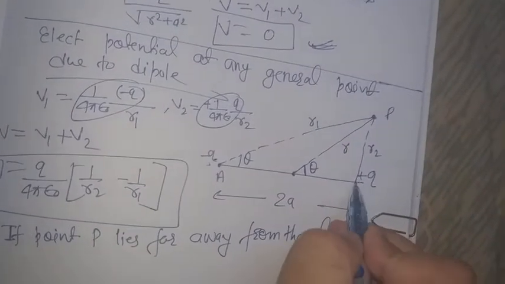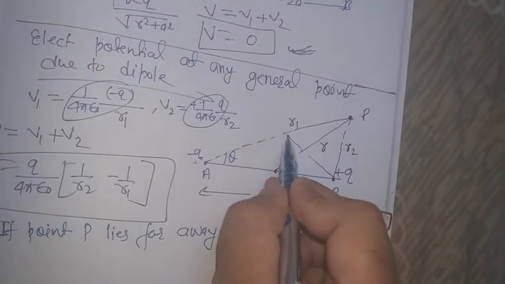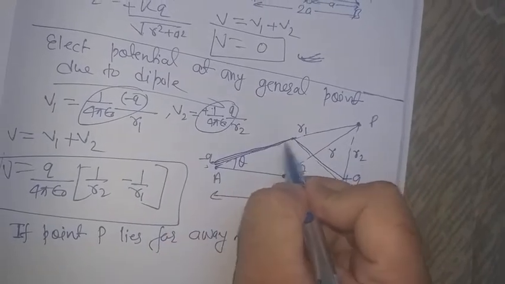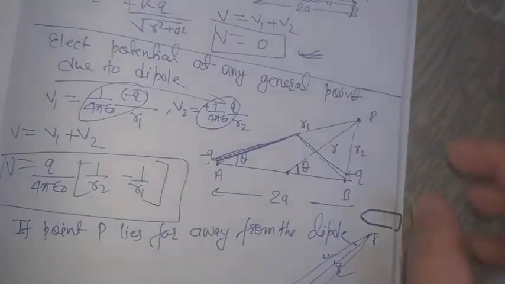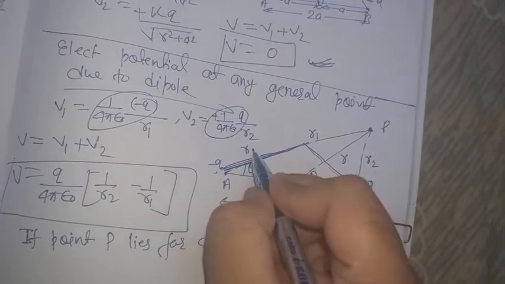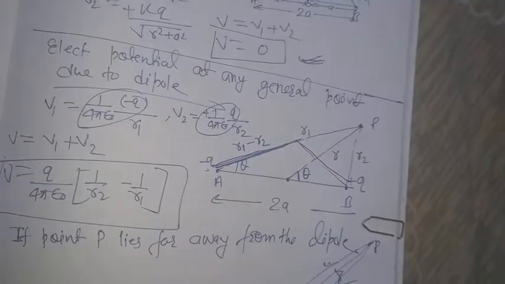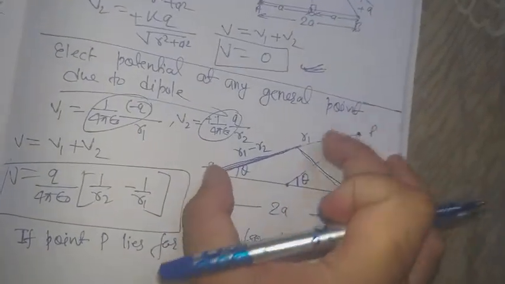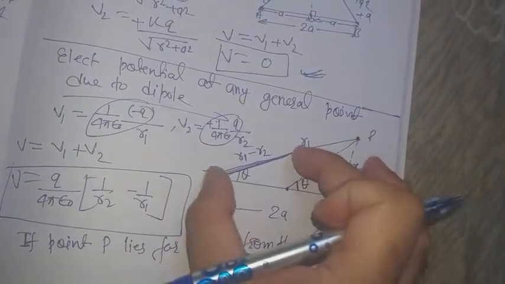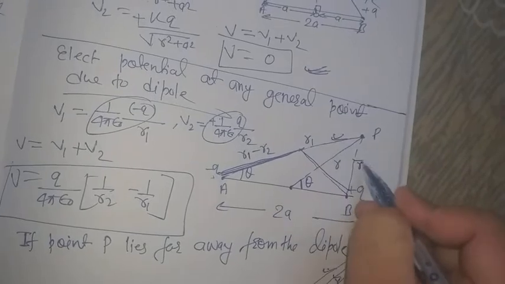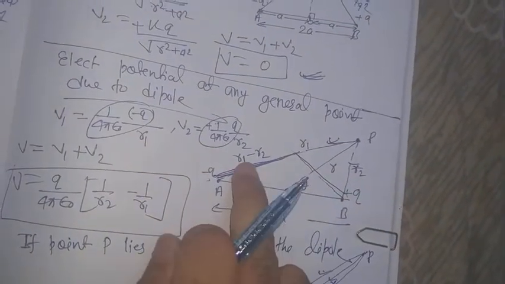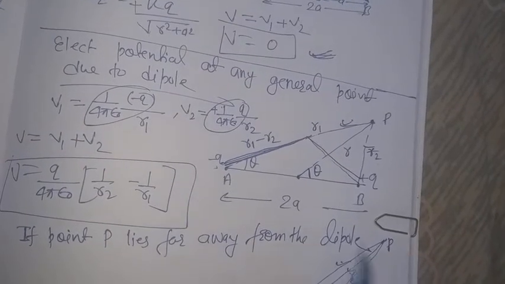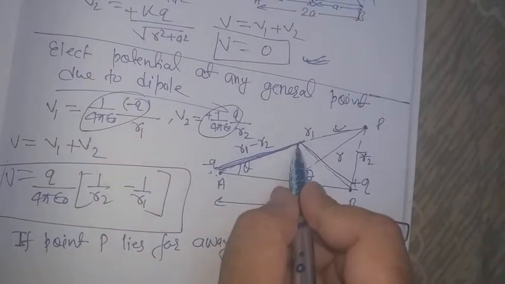Now see, what is this distance? This is r1 minus r2. Why? Because this is r2, this whole distance is r1, so the difference is r1 minus r2.